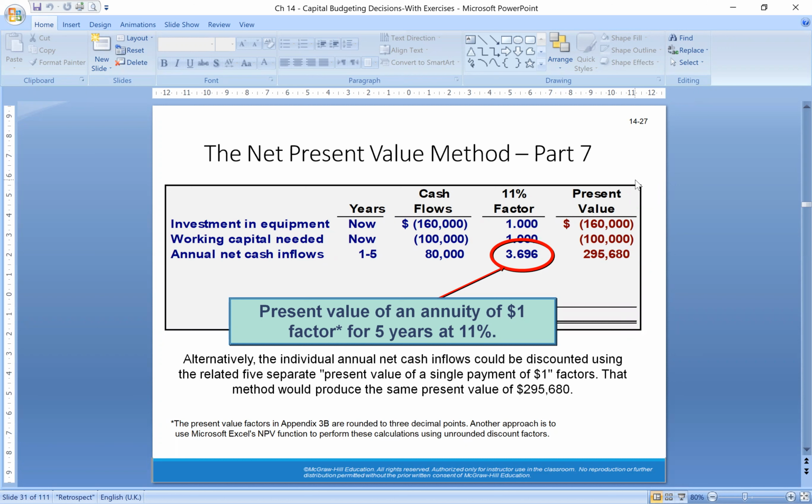In total, what is the total amount of the cash inflows? 80 multiplied by what? 5. 80 multiplied by 5, which is 400,000. 80,000 multiplied by 5 years. So we're waiting for $400,000. But today it is not equal to $400,000.